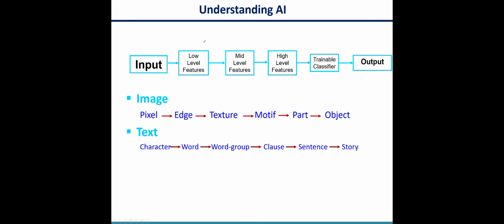In deep learning, it finds the low level features, which is called feature extraction. Feature extraction means, like, I give this image to the machine and ask what the image is regarding, which topic.